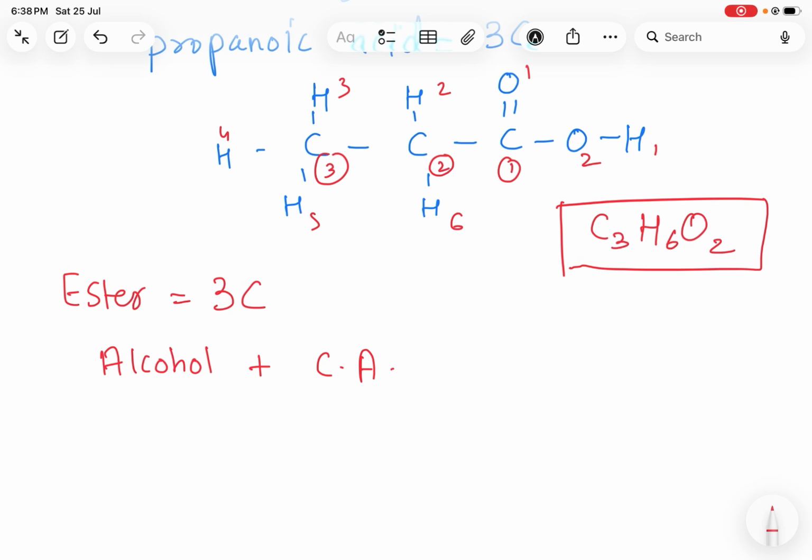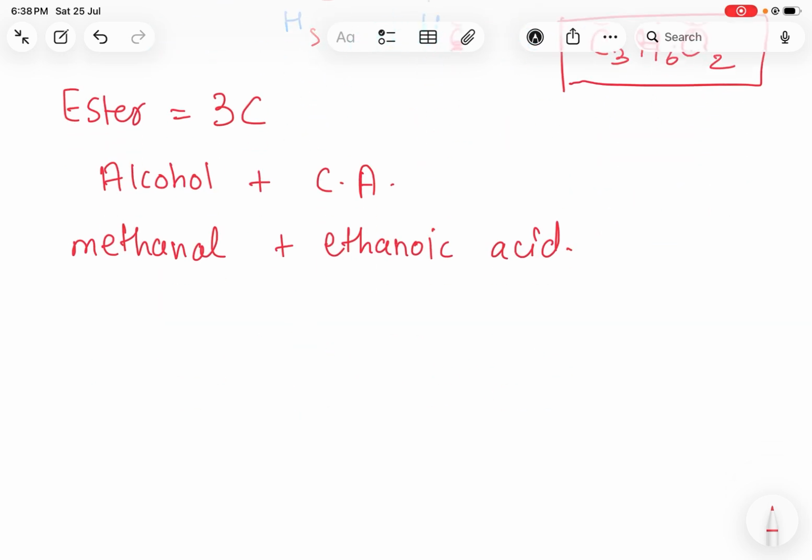Okay, so here, for example, I can take ethanol, or let's take methanol and eth, that is 2 carbon atoms. So ethanoic acid. Okay, let's draw the structure.